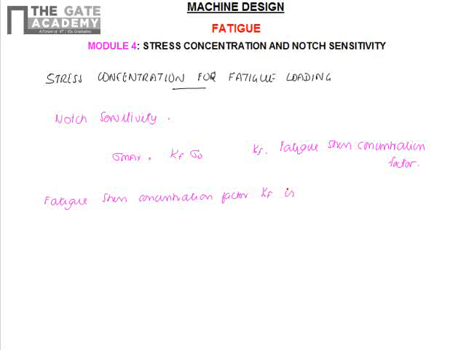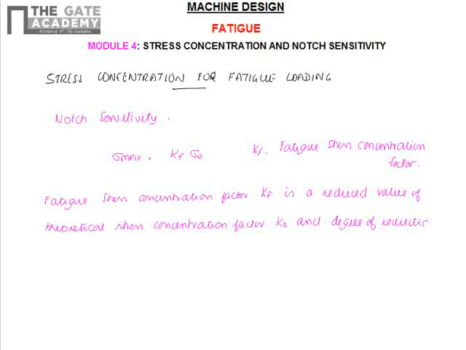That is, the fatigue stress concentration factor Kf is a reduced value of theoretical stress concentration factor Kt, and the degree of reduction depends on the sensitivity of material to notch, or also known as notch sensitivity.